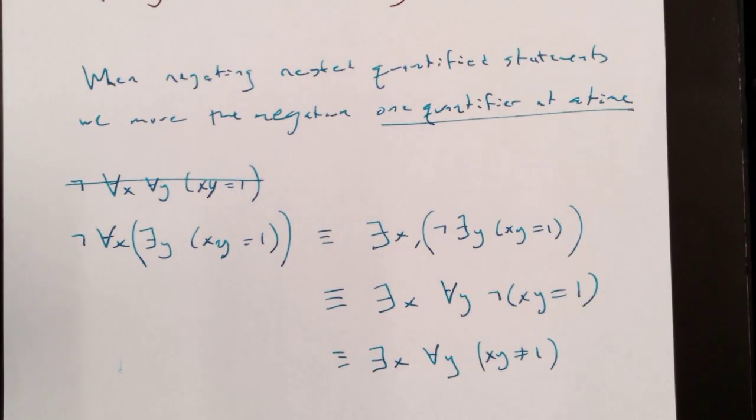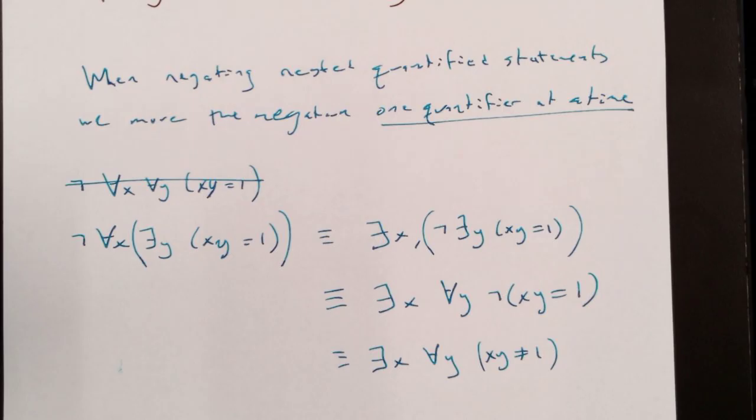The important idea here is that I don't want to flip multiple quantifiers in my head, especially if they might be nested in different places. All of these were nested one after the other at the beginning.